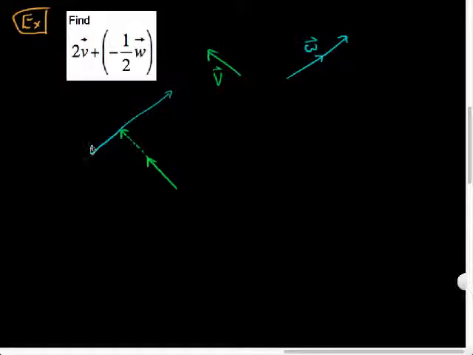A negative half w would have been just to this point, half the overall distance. Maybe I'll just draw it like that. So this is negative 1/2 w right there. And this was 2v. And so if I wanted to combine those, for my actual answer, I just draw the overall diagonal here. And this is my answer of 2v plus negative 1/2 w.